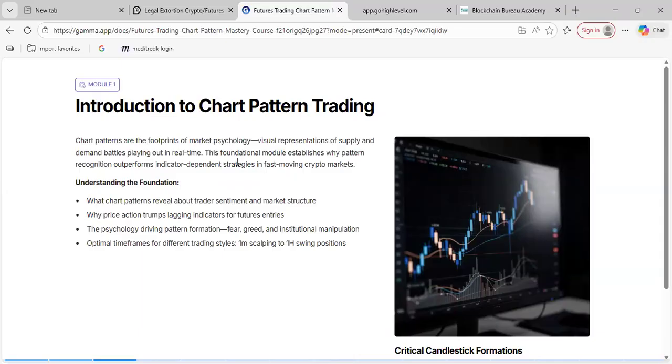Remember, the stock market, the Forex market, the traditional futures markets run a lot slower than the futures market. So price action movement is one of the key components for you to become a successful futures day trader. It's all about the patterns. It's all about the movement of the patterns. It's all about the speed of the market versus the analytics that go into other chart reading techniques. Make sense?